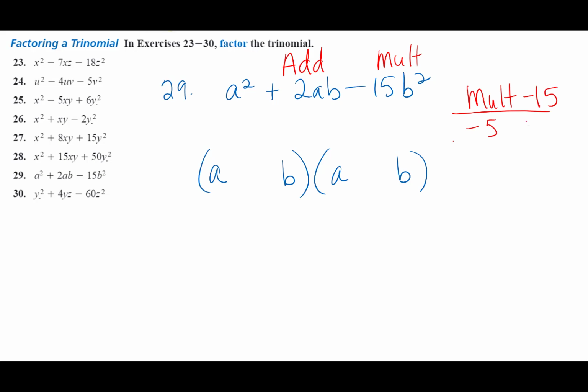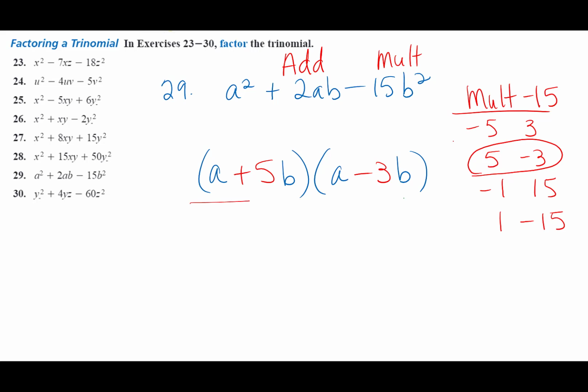This is negative 5 and 3, positive 5 and negative 3, negative 1 and 15, and positive 1 and negative 15. Which pair of factors in red will add to positive 2? What's this one right here? Positive 5 and a negative 3. In any order, write positive 5 and negative 3. And that's your final answer.